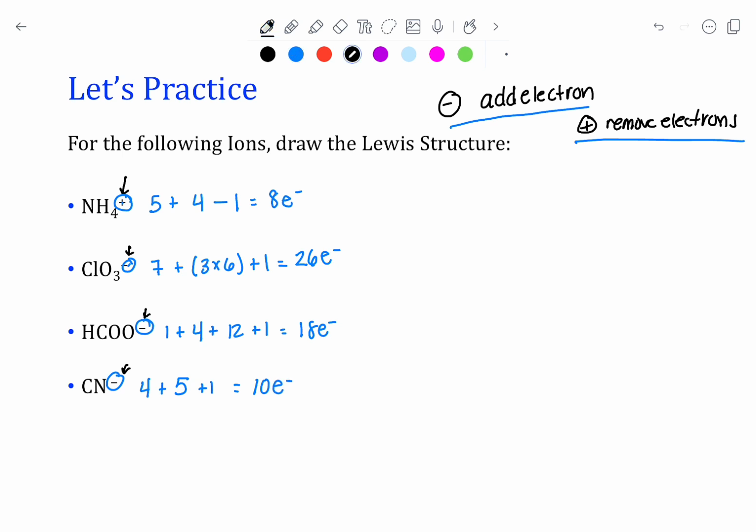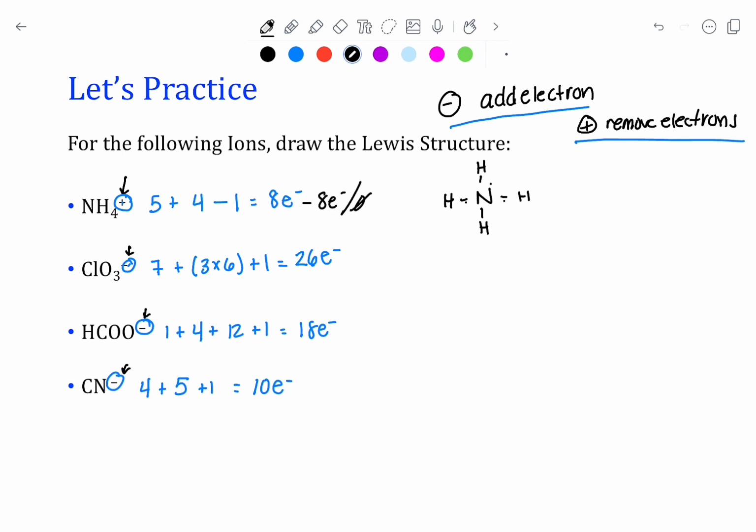Now that we have our total number of valence electrons, we follow our steps as is. So here we have NH4. We have N as our central atom. It's now surrounded by 4 hydrogens, and each of those will be a bond. In making those bonds, I used up 2, 4, 6, 8 electrons.